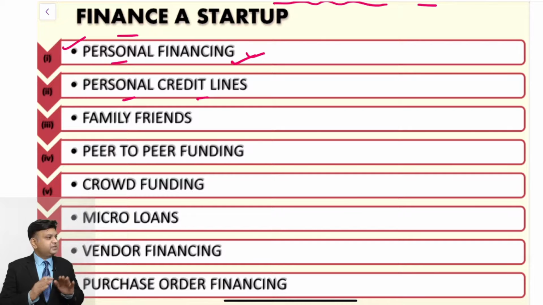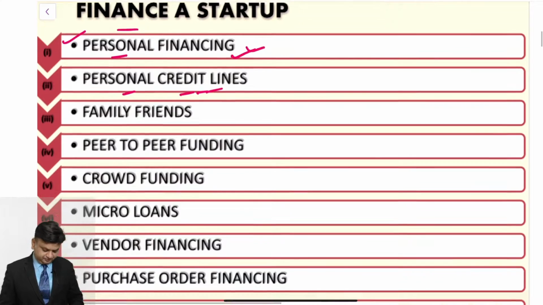The personal loan which I can avail based on my banking transactions over this time period is considered to be the personal credit line. That even includes the credit card loan or certain simple kinds of loans that you can obtain for the purpose of startup financing.